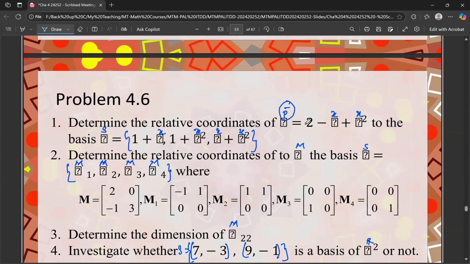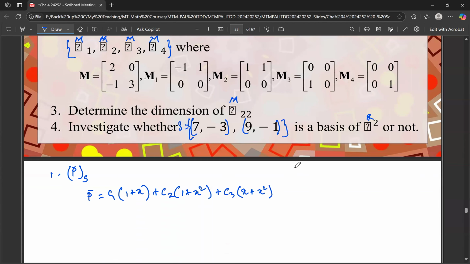Then P is here, 2 minus x plus x square. So we have 2 minus x plus x square.